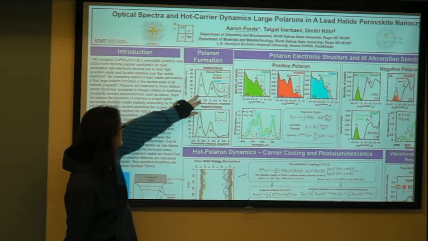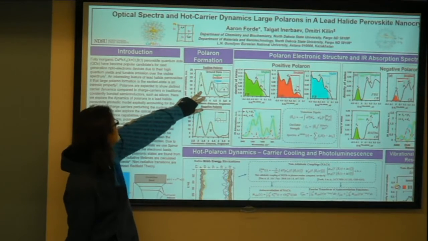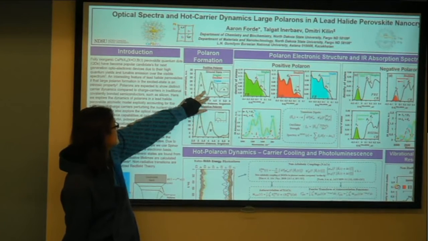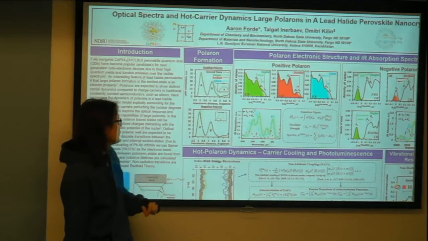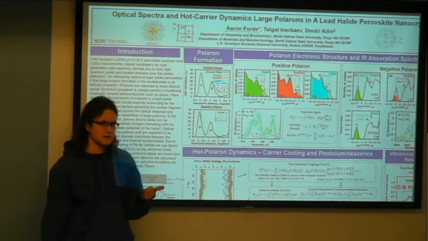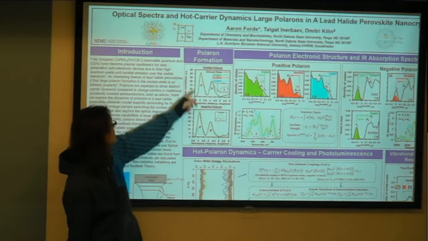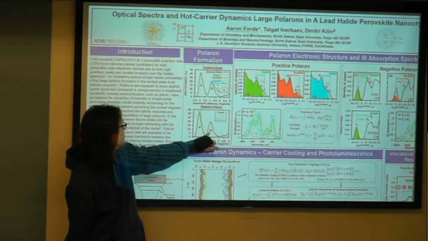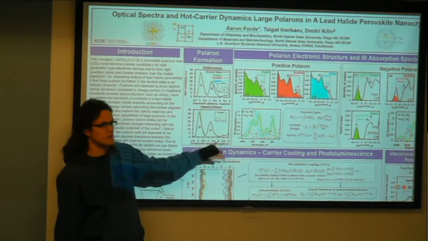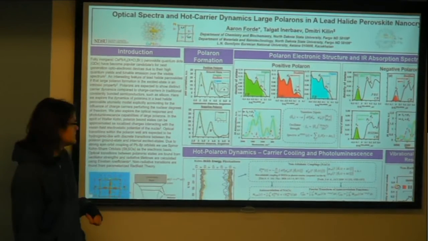pair coordinations. So for the positive polaron, there wasn't a big change in the lead-bromine bond, but the coordination between bromines became narrower. Whereas with the negative polaron, we saw the opposite case, where we saw bond elongation for the lead-bromines, while there's essentially no change in the bromine-bromine coordinations.